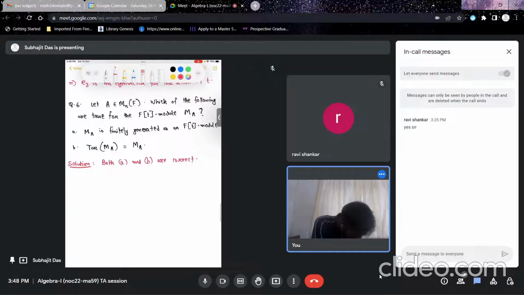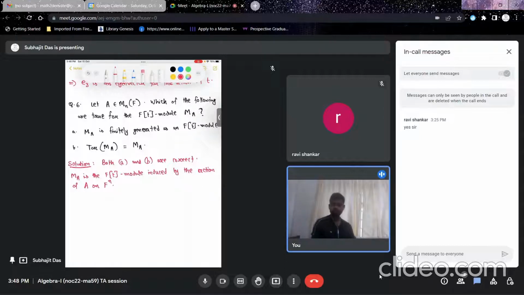So M_A is the F[t]-module induced by the action of A on F^n, right? I am not breaking this statement down again; we have been seeing this for several weeks now.